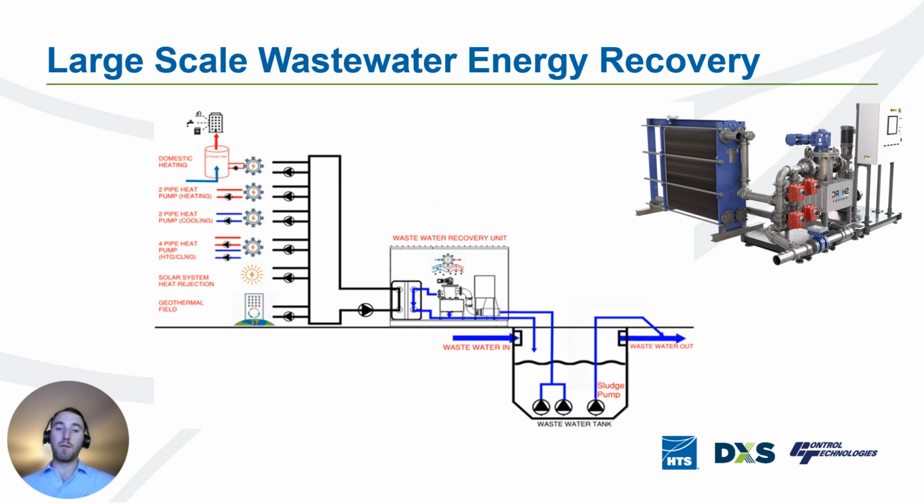Now, I mentioned before that the smaller scale systems have built-in heat pumps. These large scale systems need to be paired with commercial heat pumps, or you can inject or extract heat from a greater building loop. It's important to note, separate from this energy recovery skid, if you will, you also still need a wastewater holding tank and a pump system.